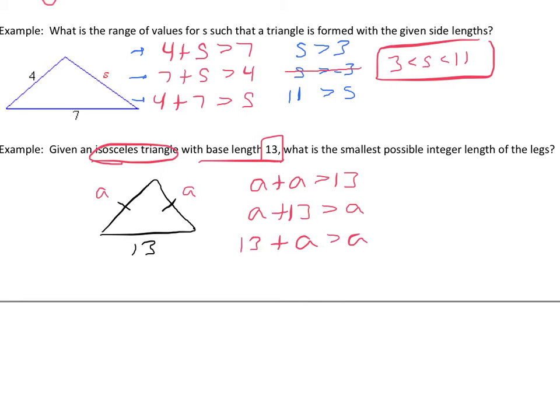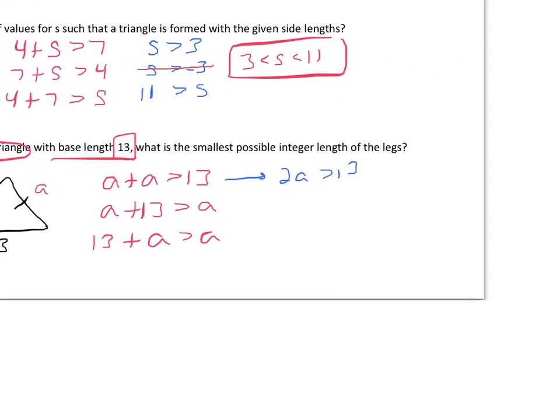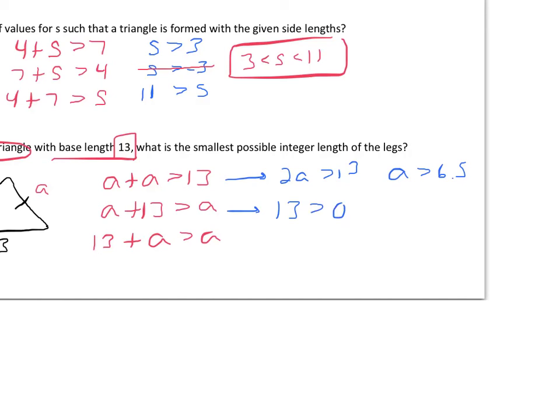The first one gives us 2A greater than 13, which, if I divide both sides by 2, is 6.5. For this one, if I subtract the A from both sides, I get 13 is greater than 0, which is true, but the variable is lost.